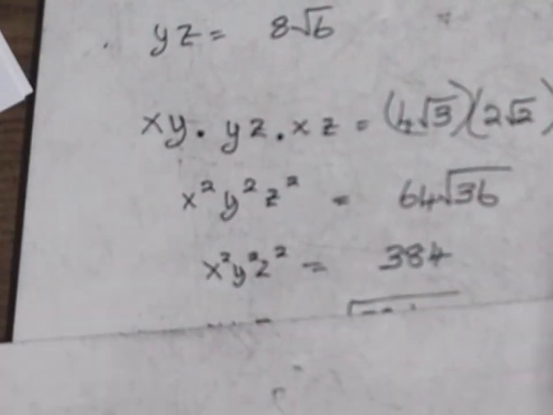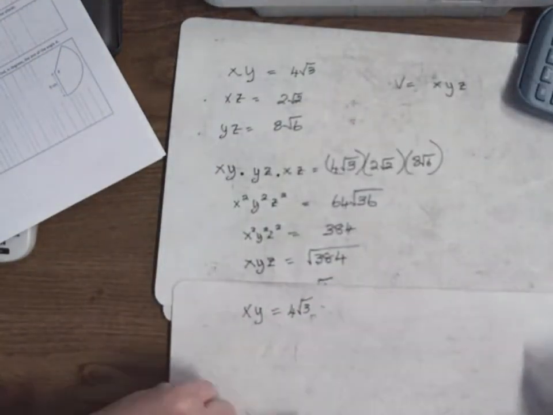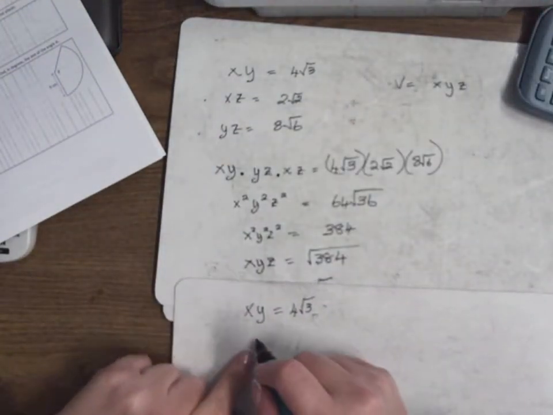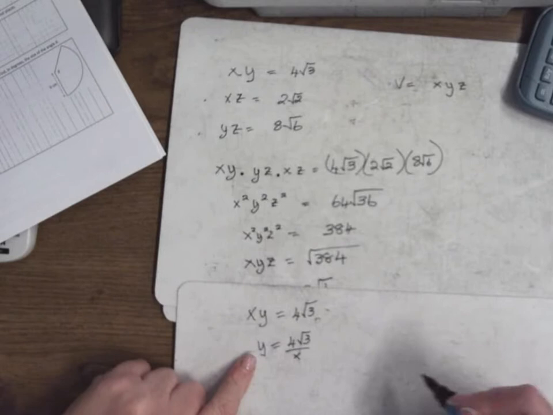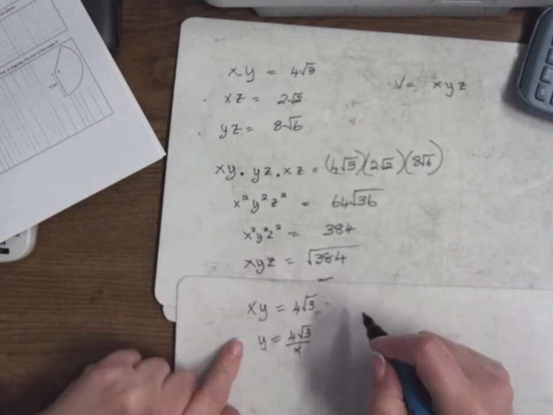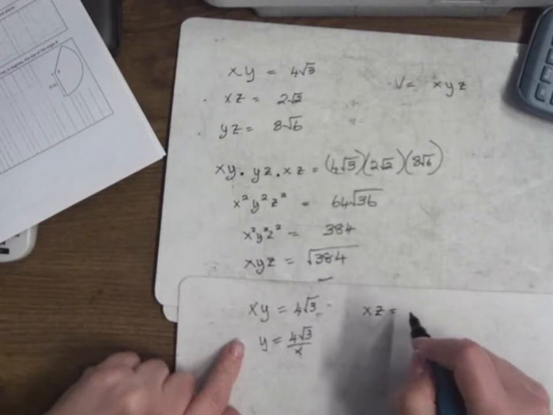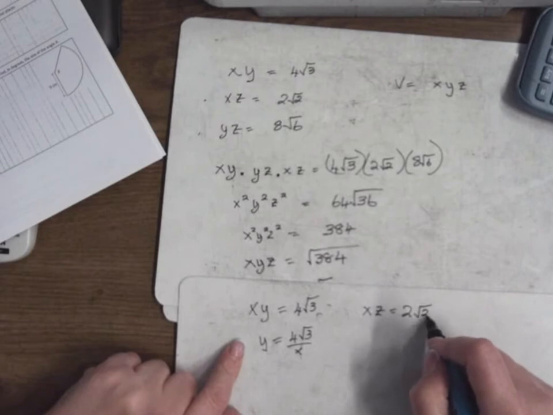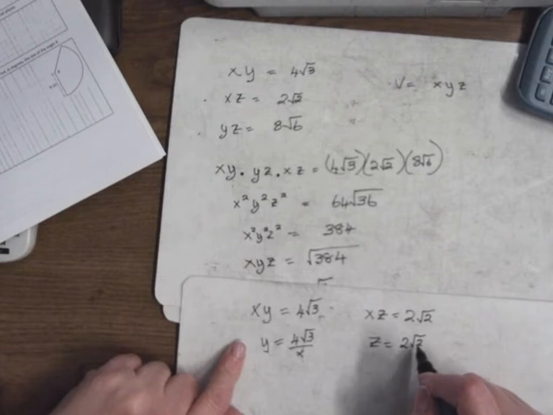I'll show you in case some of you started this way and didn't get to finish. xy is equal to 4 root 3, so y is equal to 4 root 3 over x. xz is equal to 2 root 2, so z is equal to 2 root 2 over x.